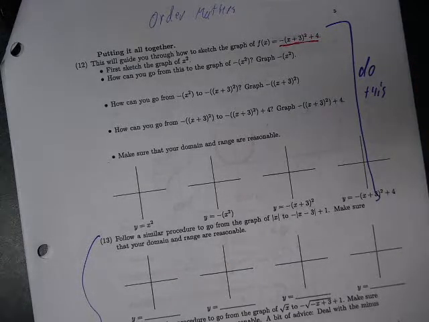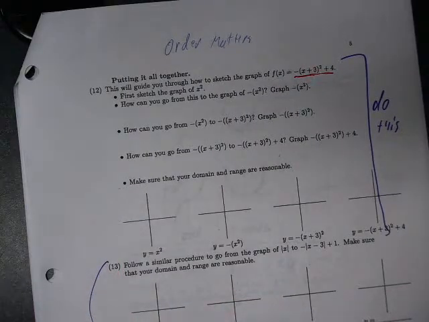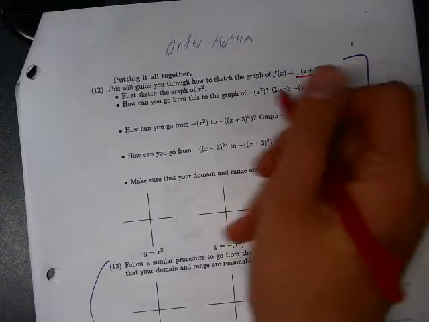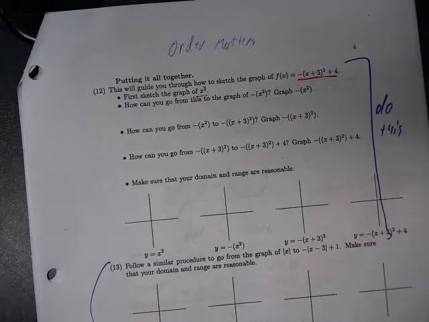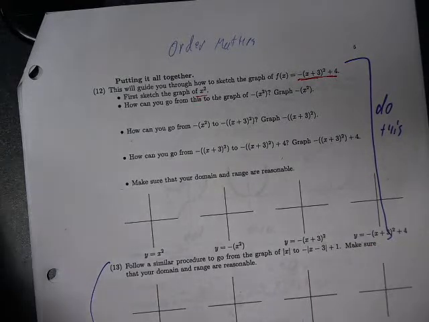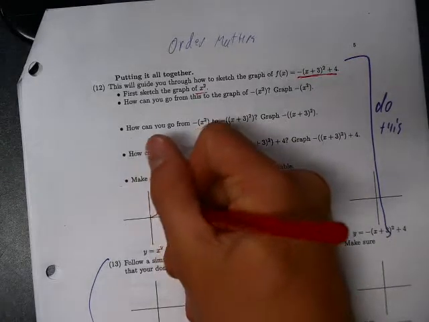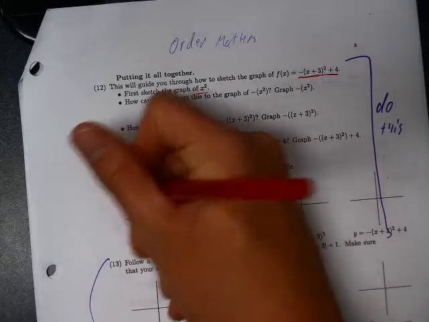And let's try to graph it by performing the correct moves one at a time. And I'll propose this. So if you start with the graph of y equals x squared.